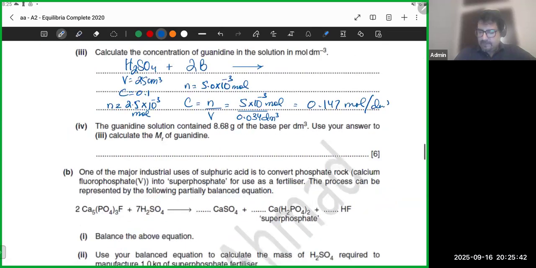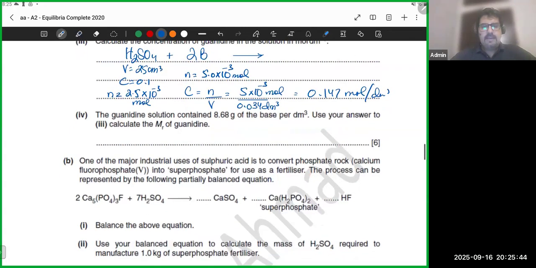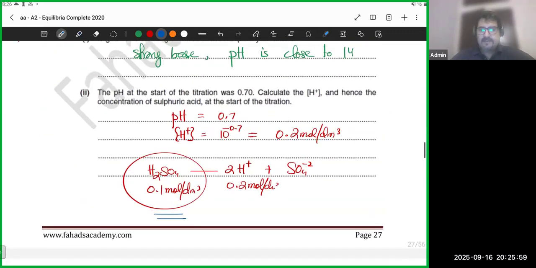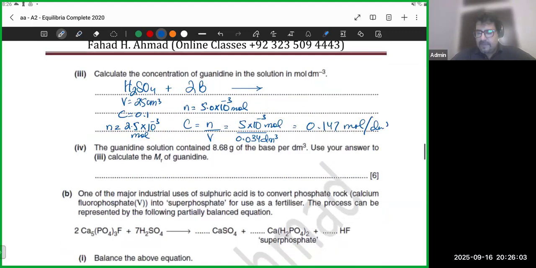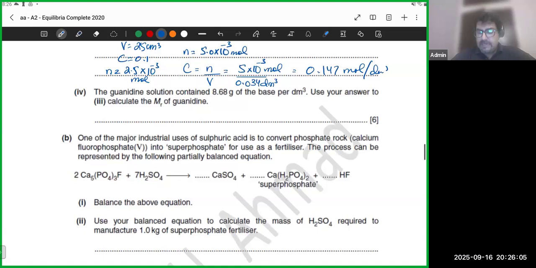And the next one: I said it was more like a moles question rather than a pH one. There was only one tiny section about pH, where you had to find the sulfuric acid concentration. Then it says the guanidine solution contained 8.68 grams of the base per dm3.